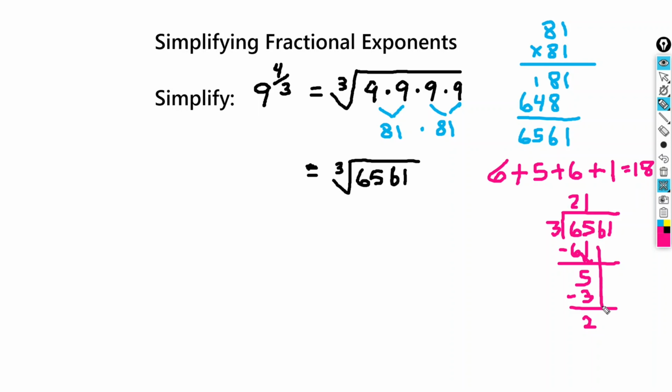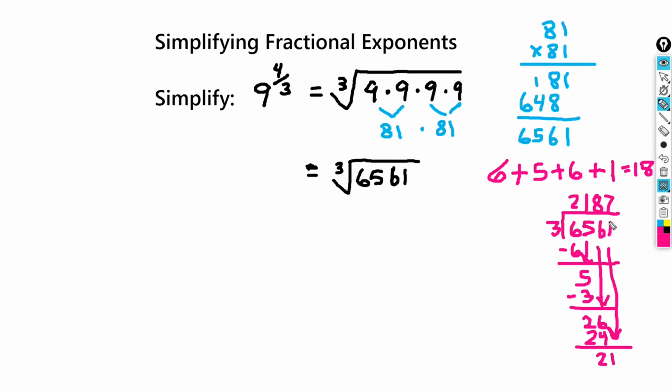Bring down the 6. 3 goes into 26 8 times. So we get 2. We bring down the 1. And 3 goes into 21 evenly 7 times.